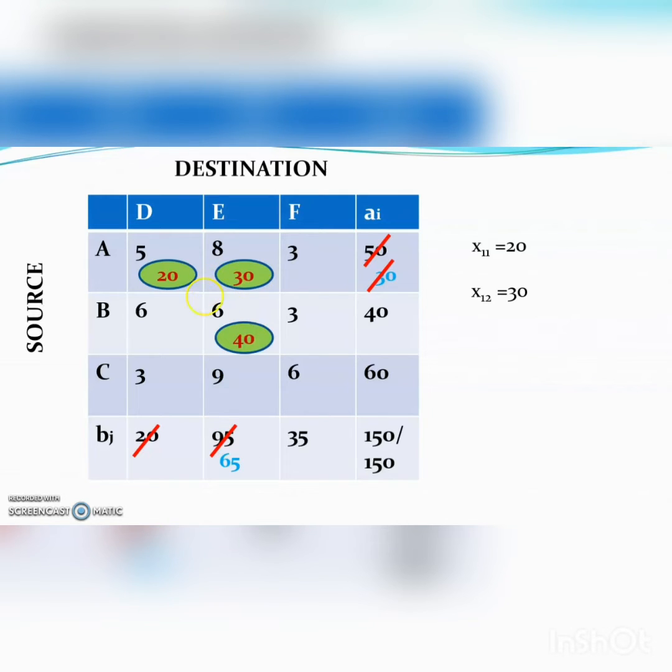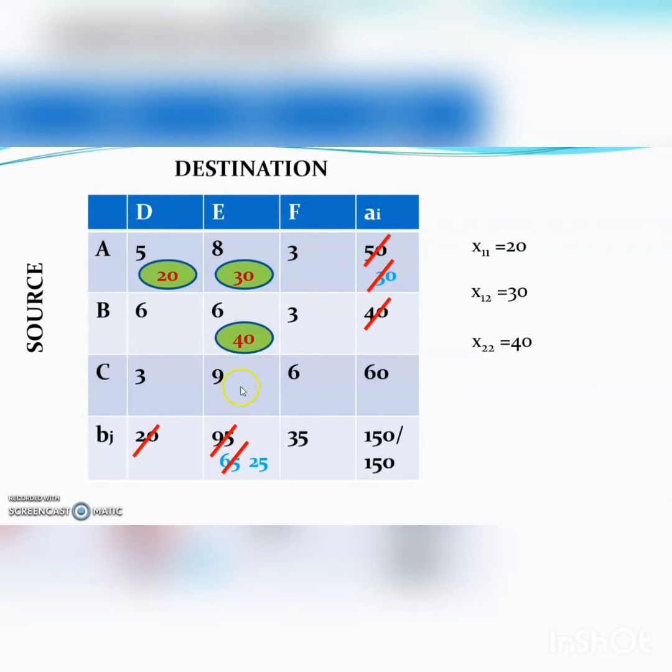So in the 2, 2 cell we allocate 40 units and the value of the decision variable x22 is equal to 40. Now the availability of the second source, source B, is also exhausted, and the requirement of destination E is reduced to 25 units.